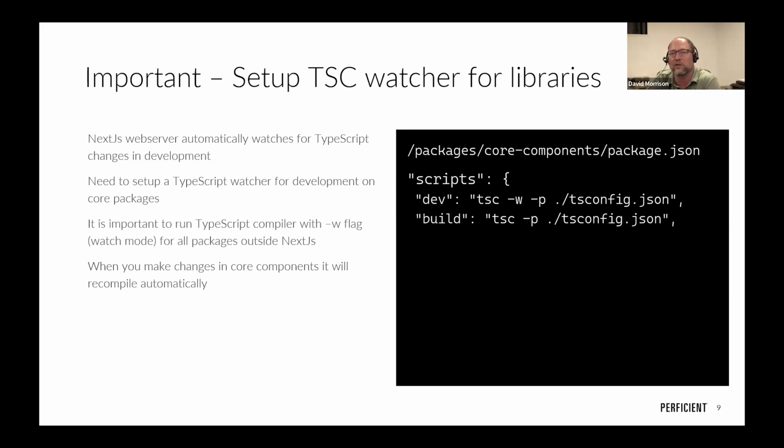That's the one big thing you have to add to your own projects in order to maintain that hot reload. We'll set up that TypeScript watcher for all of the core libraries in order to provide the best developer experience. It doesn't impact your production builds, but it's really nice to have, because chances are you're going to be working on a core component that can update across different sites.